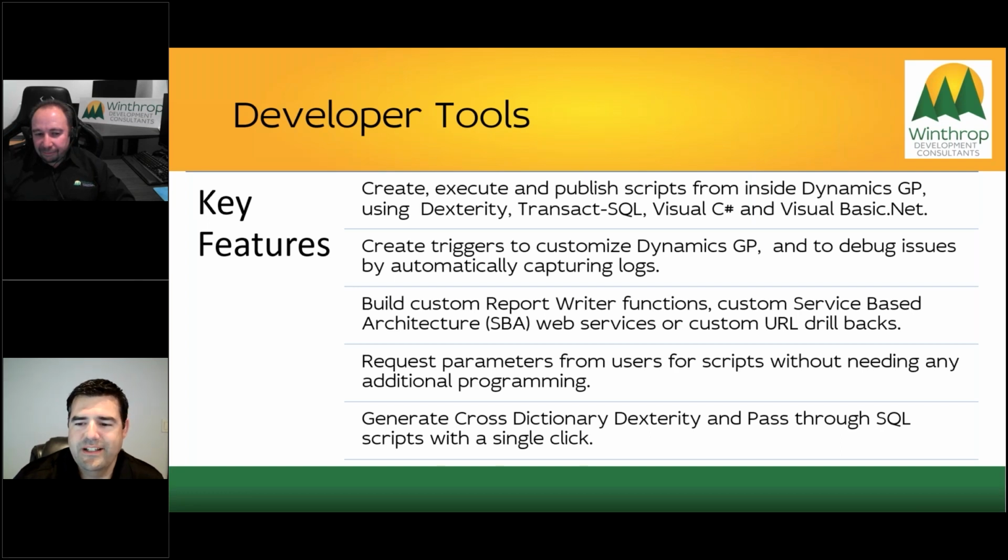A couple of things that just make life easier on the admin side. Building custom functions, report writer functions, SBA, some custom drillbacks as well, and a couple of other things there, requesting the parameters from users for scripts without needing additional programming, and also being able to cross the dictionary to Dexterity, so pass-through scripts with single clicks too.